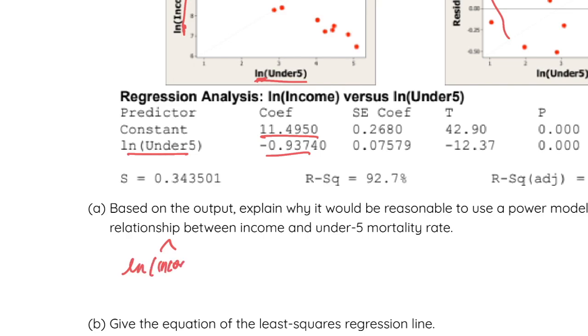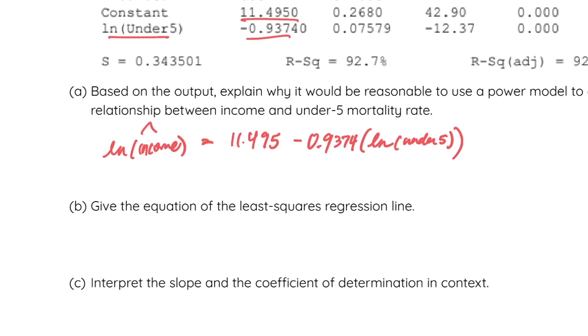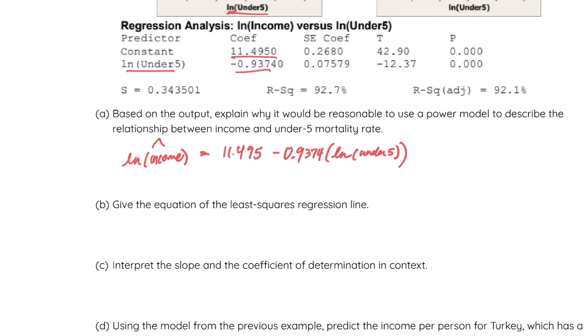We're going to do our prediction. Natural log of income, they said, was equal to 11.495 minus 0.9374 times the natural log of under 5 mortality rate. Oh, you know what?